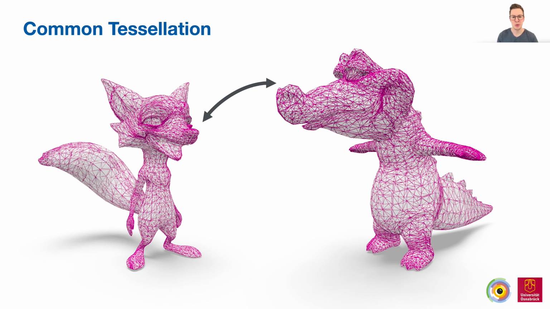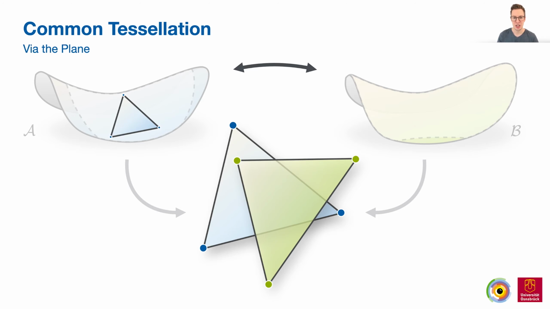And this is most straightforward to explain when mapping via the plane. So here we have a map from mesh A to the plane. This is piecewise linear in the triangles of A. We then compose it with another map that is piecewise linear in the triangles of B. Now the composed map is also piecewise linear, but now only in the overlap of a triangle of A with the triangle of B. So to explicitly represent this piecewise linear nature, we intersect the triangulations of A and B in the plane, and that forms the so-called overlay mesh.